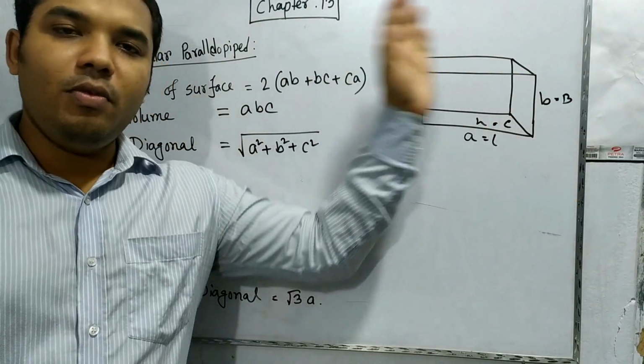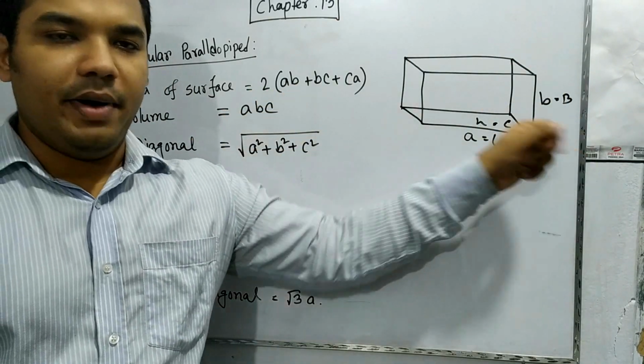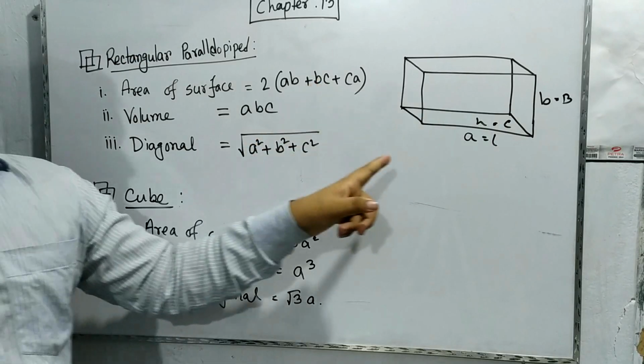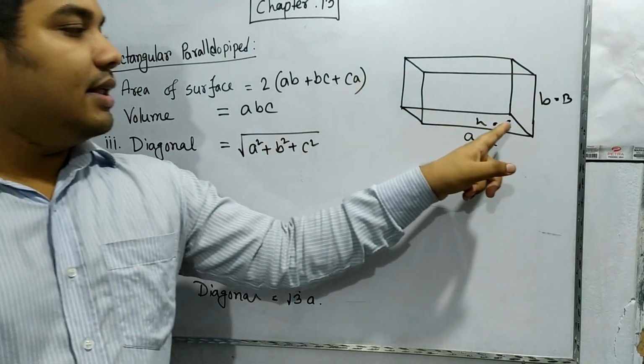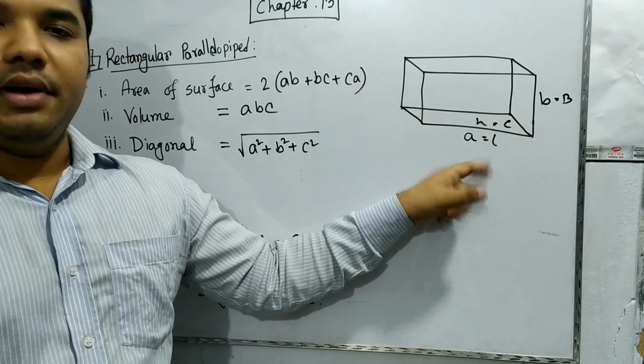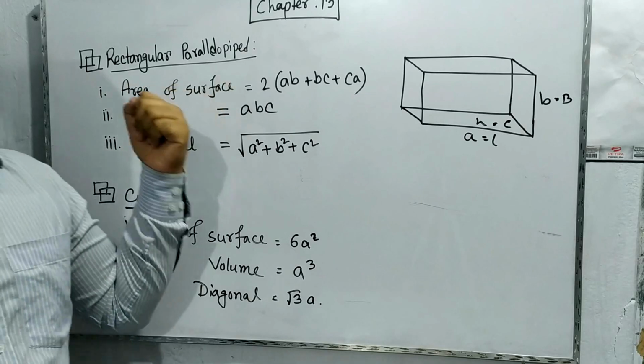I mean the area of the whole surface will be 2 into AB, that is length into breadth, plus BC, that is breadth into height, plus CA, that is the height into length. So this is the formula to find the area of the surface.